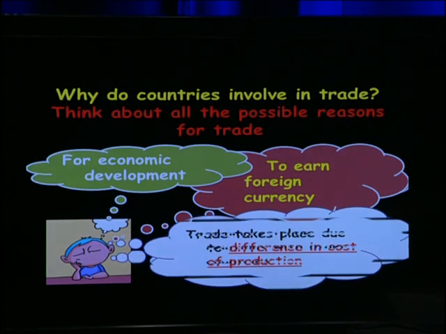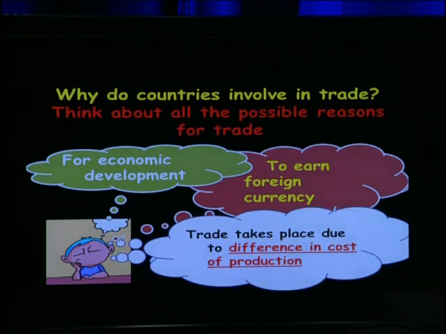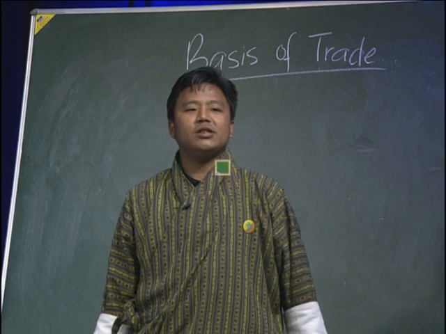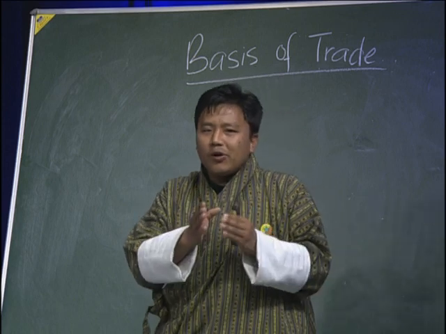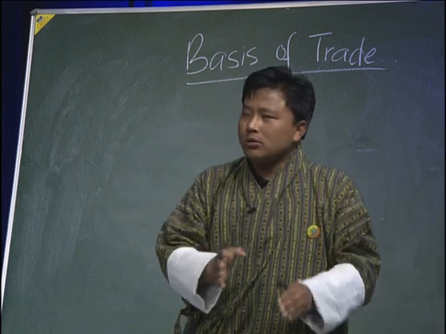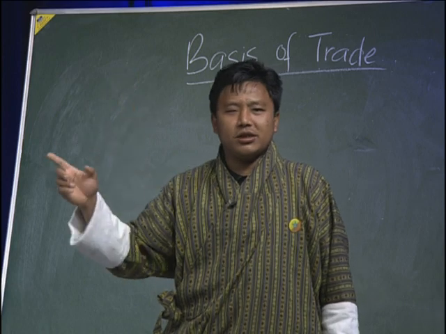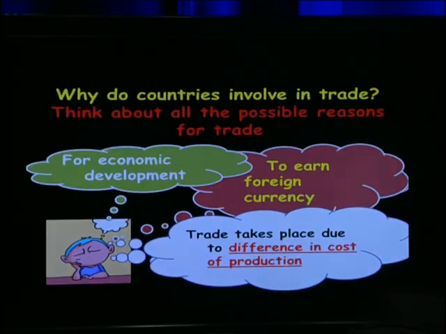We also trade due to the differences in cost. Today I'll be focusing more on the last reason, that is trade takes place due to difference in cost of production.